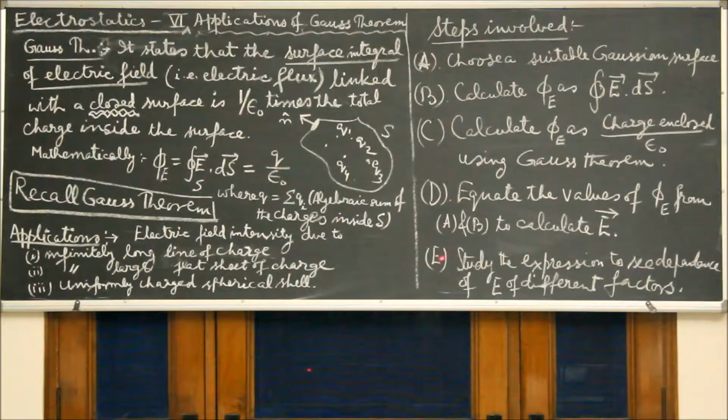And lastly, after getting the expression, we will study it carefully and see the factors on which the electric field intensity depends in different cases, and the graphs which are used to express the dependence on the various factors.